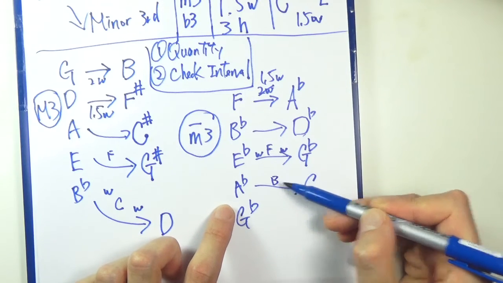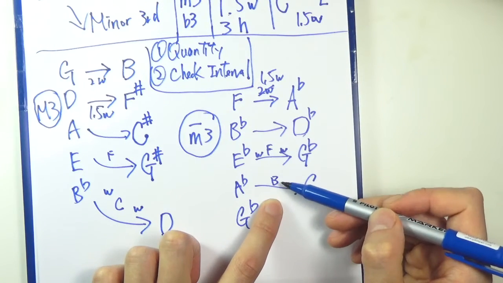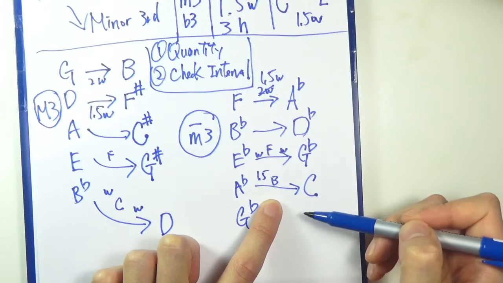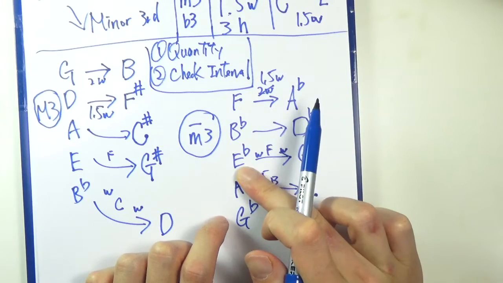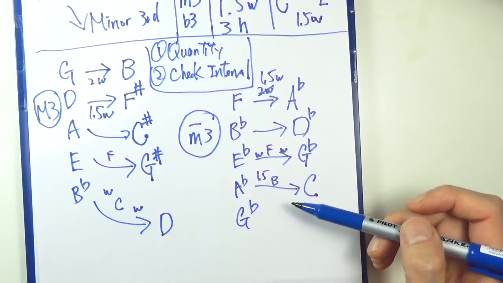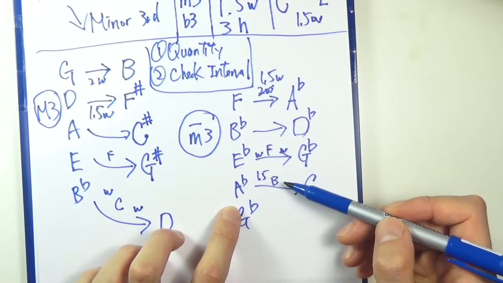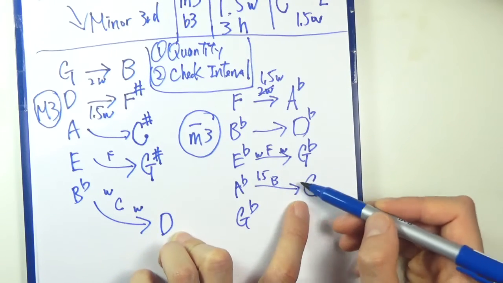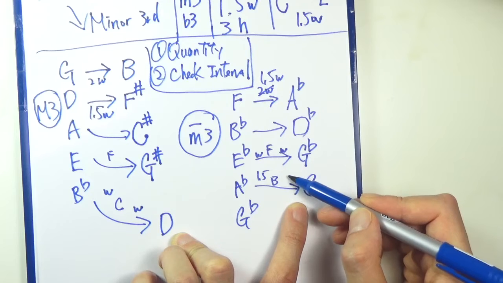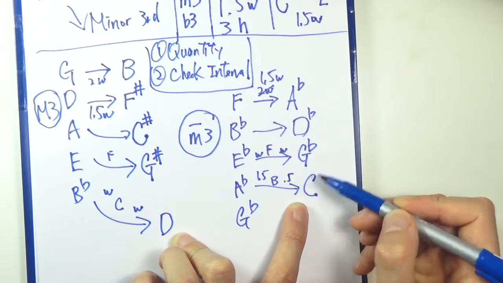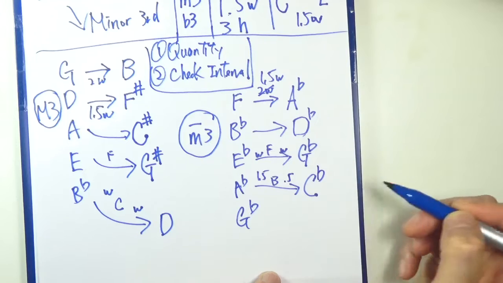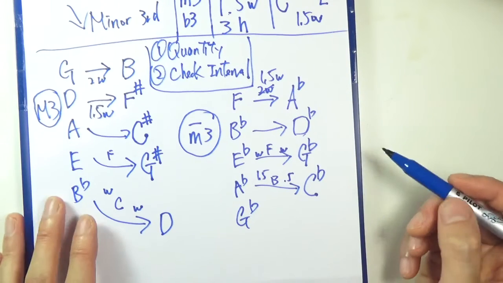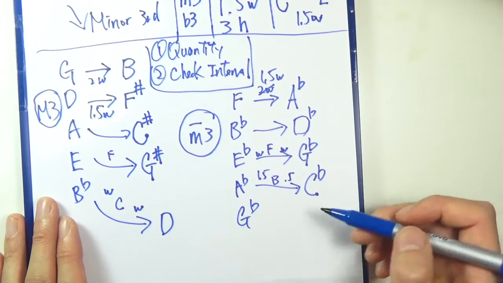A flat to B is 1.5 step, because A and B, if you ignore the flat here, would be a whole step. B and C is a half step. So we are at two whole steps right now. We are too large, so that should be a C flat to make it a minor third.